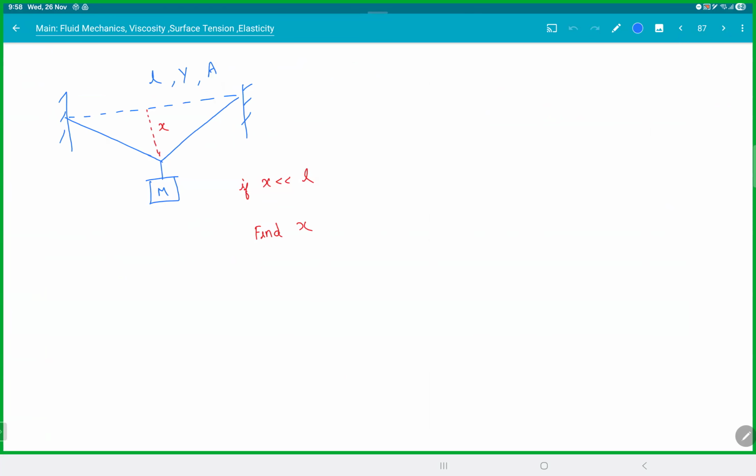It's simple: it will try to restore the body. If you're trying to pull, it will try to oppose you. So if you're pulling with F and F, acceleration is 0. If you cut it here, this is F, this must be tension, acceleration is 0, therefore T must be equal to F. If T is not equal to F, the piece will move. But we know it is in equilibrium. Clear, no?